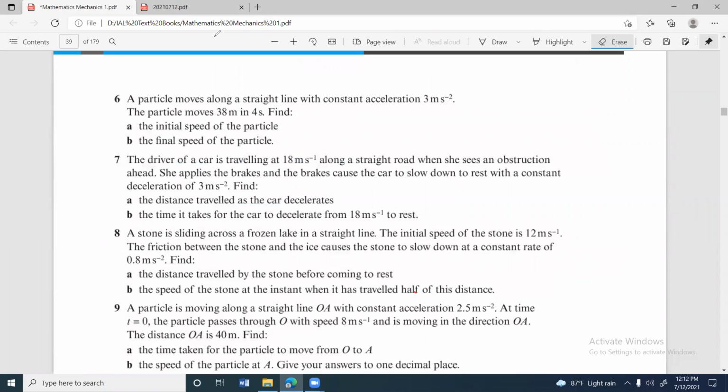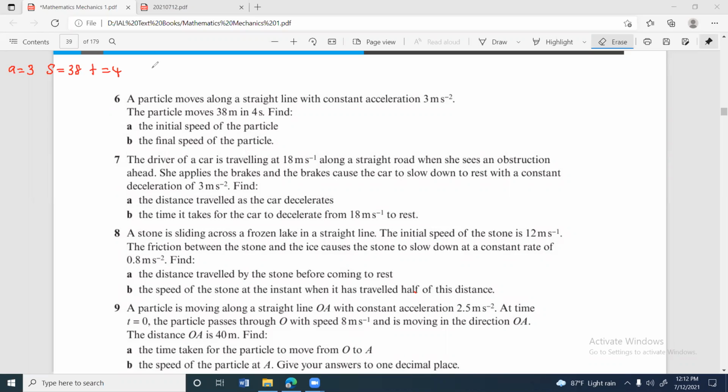Now let's come to question number 6. A particle moves along a straight road with a constant acceleration of 3. The particle moves 38 meters, so s is 38, in 4 seconds. Find the initial speed of the particle.